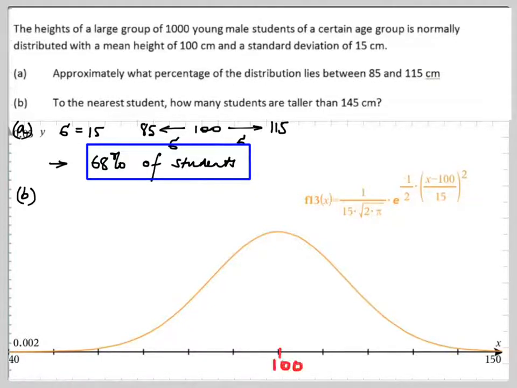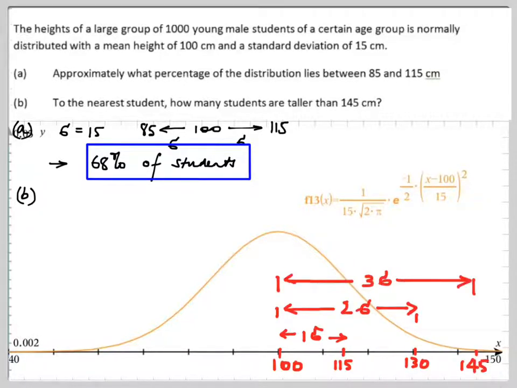Now, come on, let's go. There's 100, that's the mean, and we're filling in the numbers. That's one standard deviation to get to 115. That's two standard deviations to get to 130, and three standard deviations to get from 100 to 145. Now, going back the other way, what are we talking? We're talking more than three standard deviations to the right of the mean, aren't we?